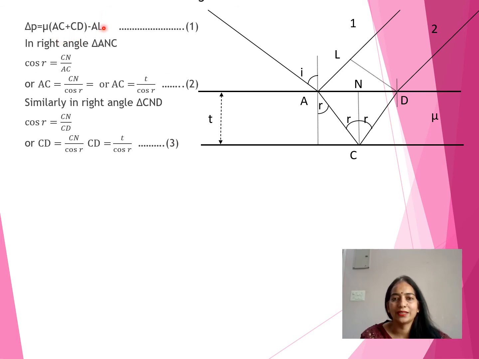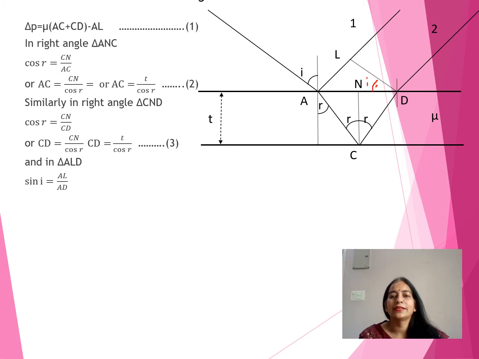Now for AL. AL is calculated in triangle ALD. Now in triangle ALD we apply sin i, because this angle is i.